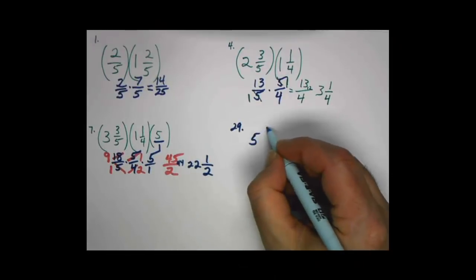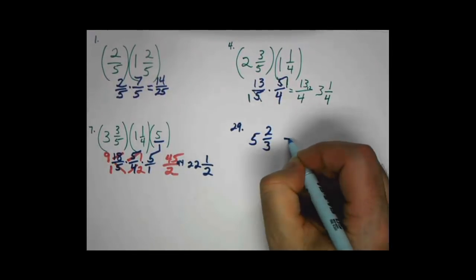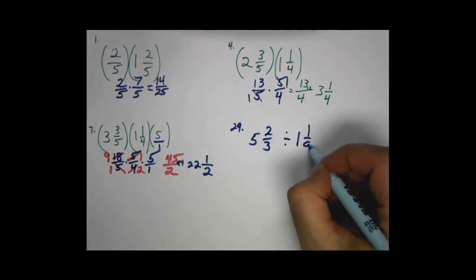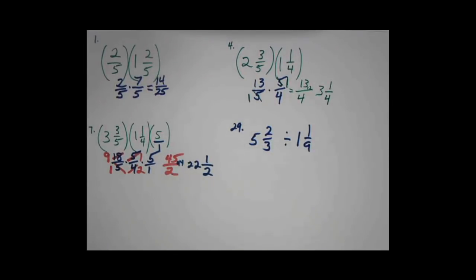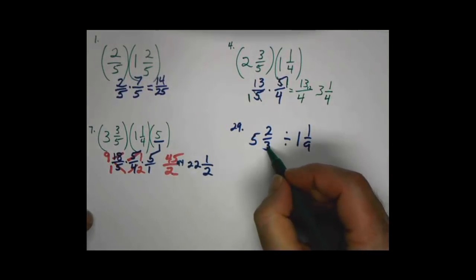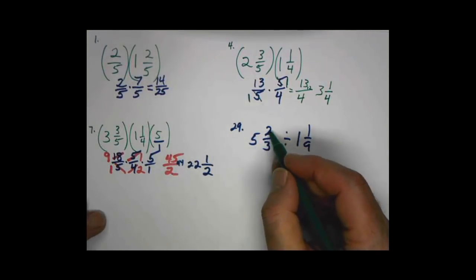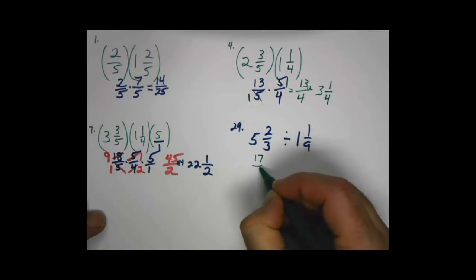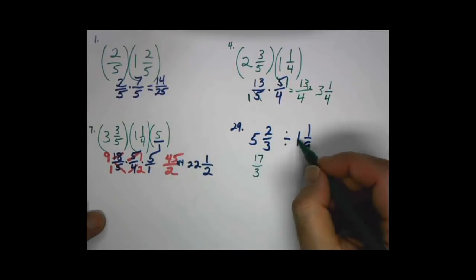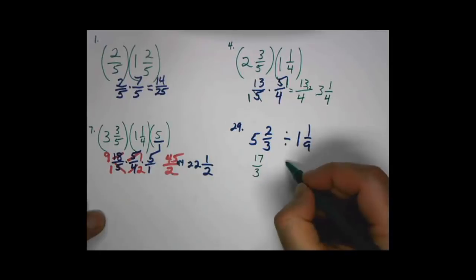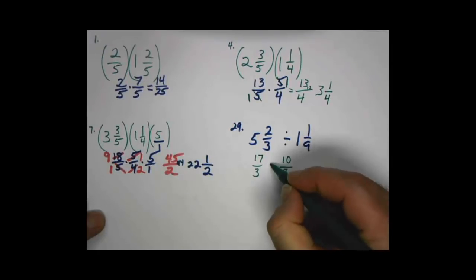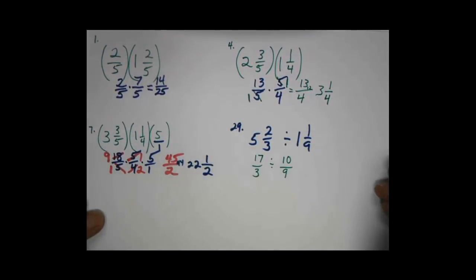We have 5 2/3, and we're going to divide by 1 1/9. We have an extra step, remember, when we divide. But first off, before we do that, we have to make these improper. So 3 times 5 would be 15, plus the 2 is 17 over 3. 1 times 9 is 9, plus 1 is 10 over 9. But it's still a division problem.